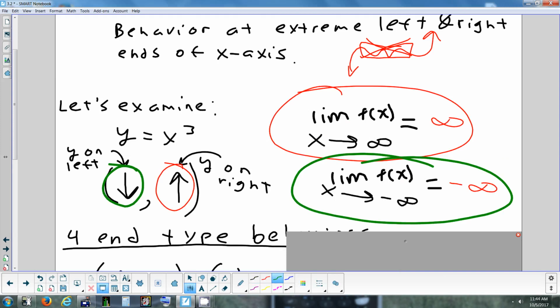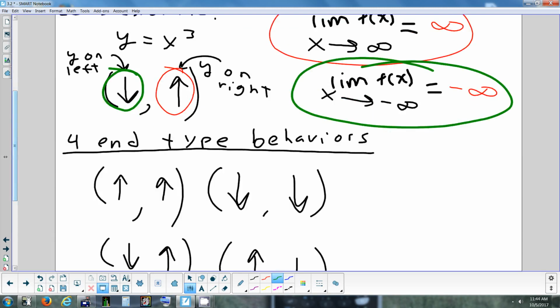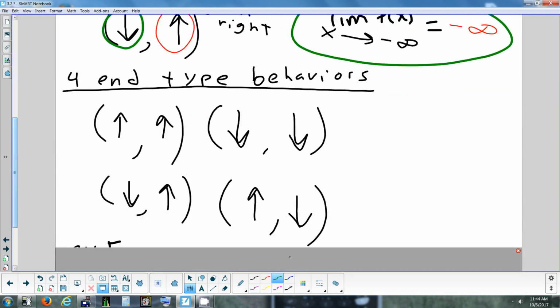You have two ways, one that's more symbolic, one that's more formal. This definition on the right is called limit notation. And that's a much more formal way than using arrows. There are 4 basic types of end behavior. You can either have both ends up, both down, or one of each.